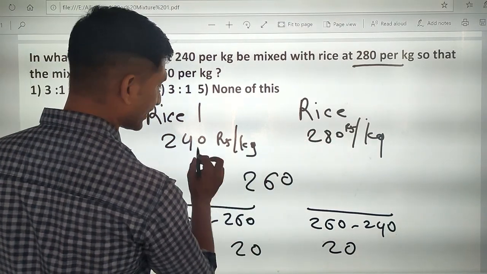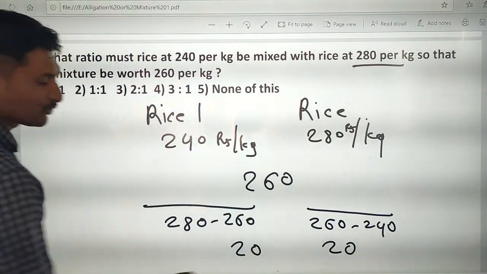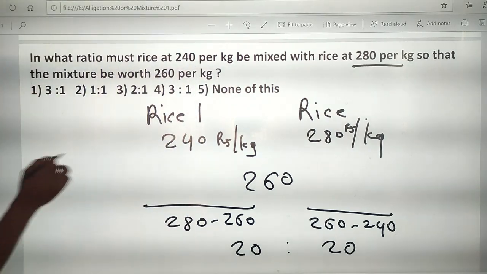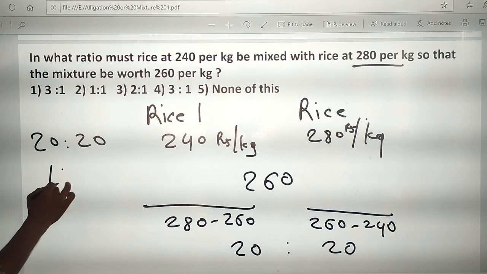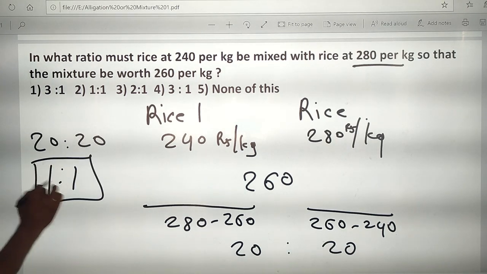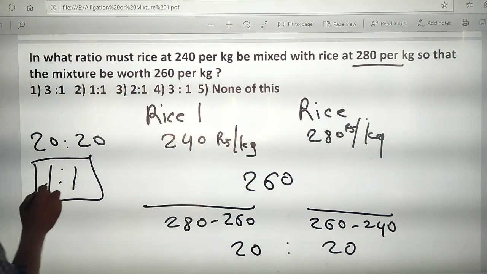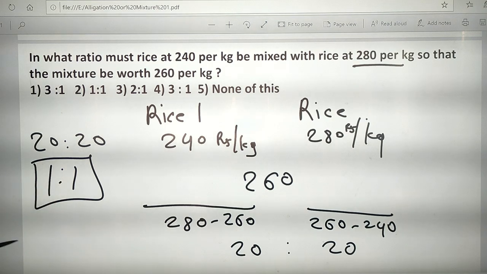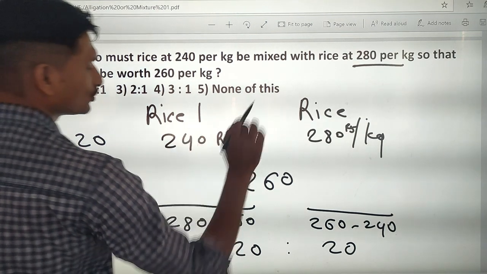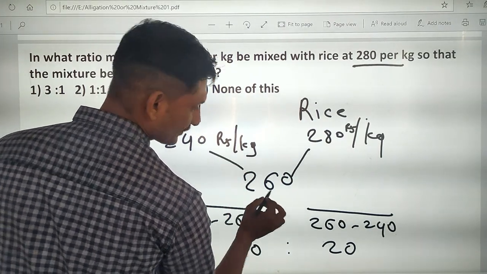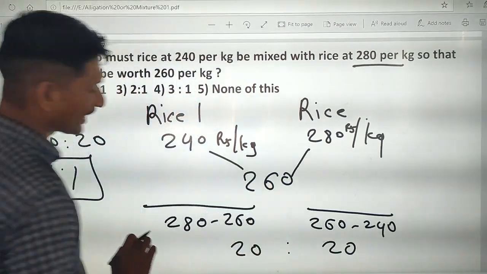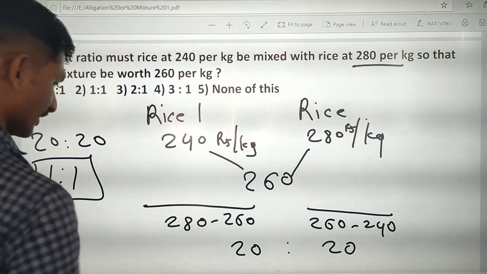Now the ratio is 20:20, that is 1:1. Then these two types of rice are mixed in the ratio 1:1. Next.